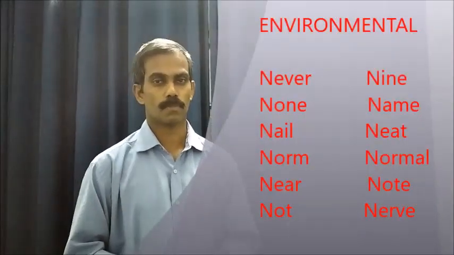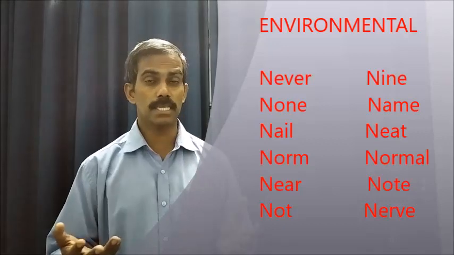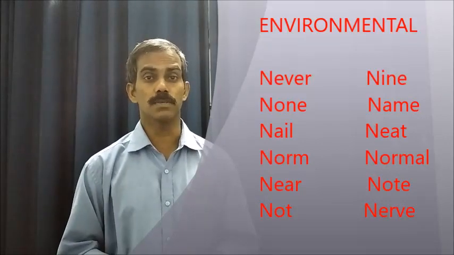Now, what's the next letter? N. Let us try to make as many words as possible, starting with the letter N. Can anybody say a word starting with the letter? Yes, I think you got it. Never. Yes, there is a number that can be made with the letters.